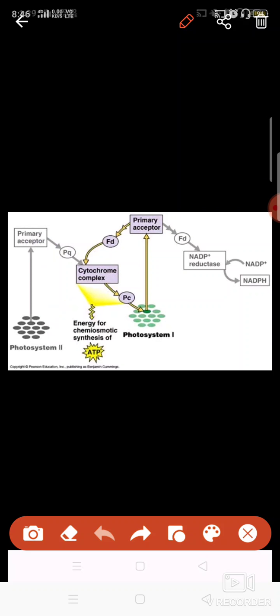This is the final acceptor of the electron which has passed on its energy, and it is known as ferredoxin. In the presence of ferredoxin, this reaction is carried out again, and ATP is formed. This ferredoxin then transfers its electron, this energy, to NADP reductase.